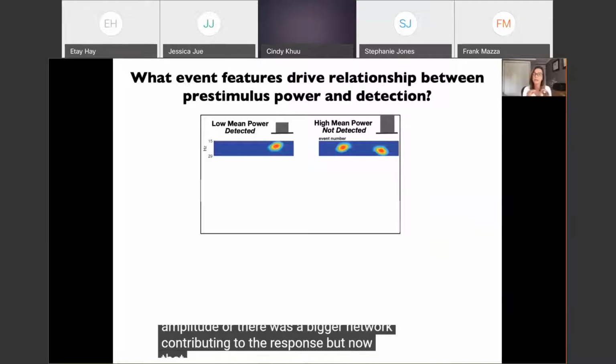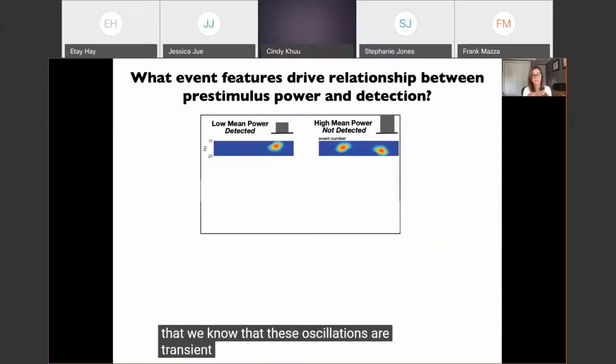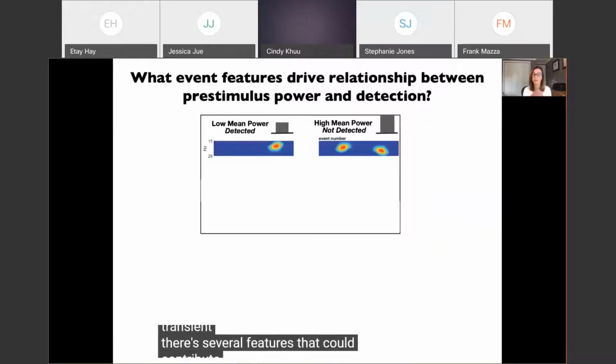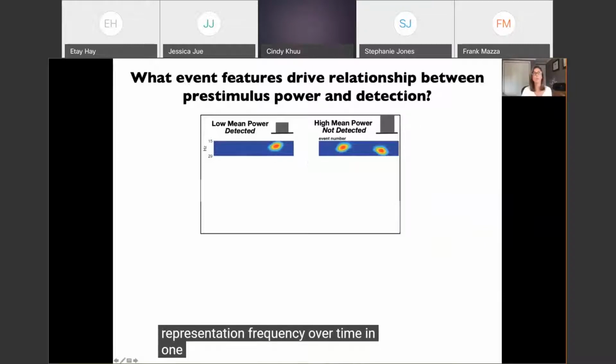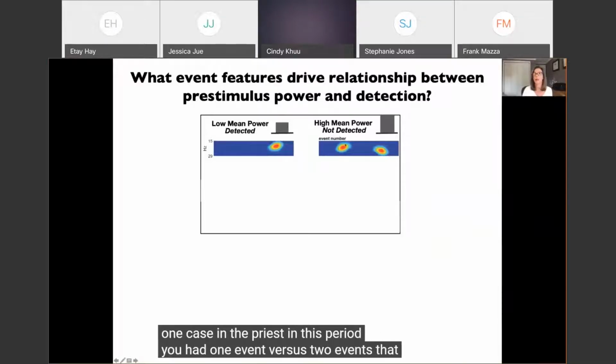But now that we know that these oscillations are transient, there are several features that can contribute to a difference in average power. It could be that in one case, so here I'm just showing a schematic representation, frequency over time, in the pre-stimulus period, you have one event versus two events that are at the same amplitude. When we average this, we'd get high power, and over here we'd get low power.